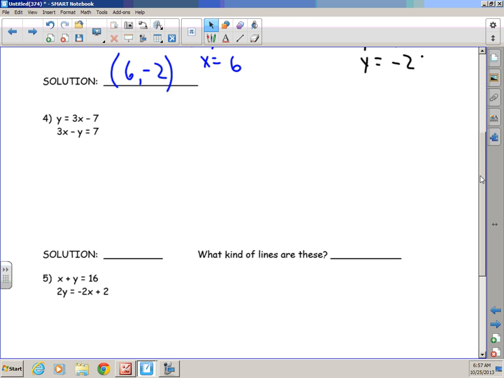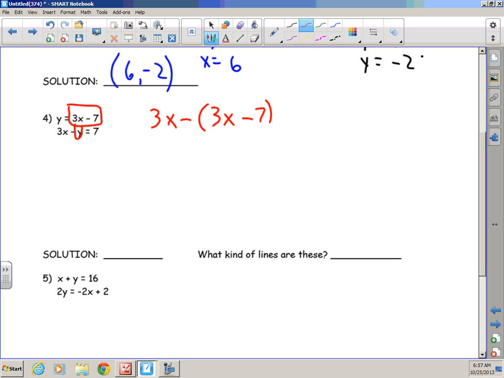One of them is already set up nicely for me, so I'm going to take this statement and replace it for y. What you need to be careful about is when you replace, you put it inside parentheses, because you're going to distribute this minus sign. You get 3x minus 3x plus 7 equals 7. And you're left with 7 equals 7.